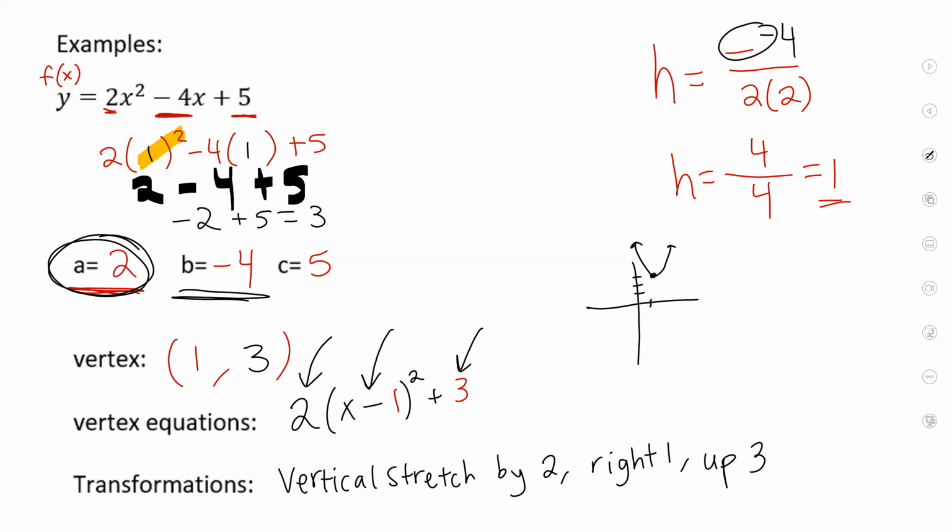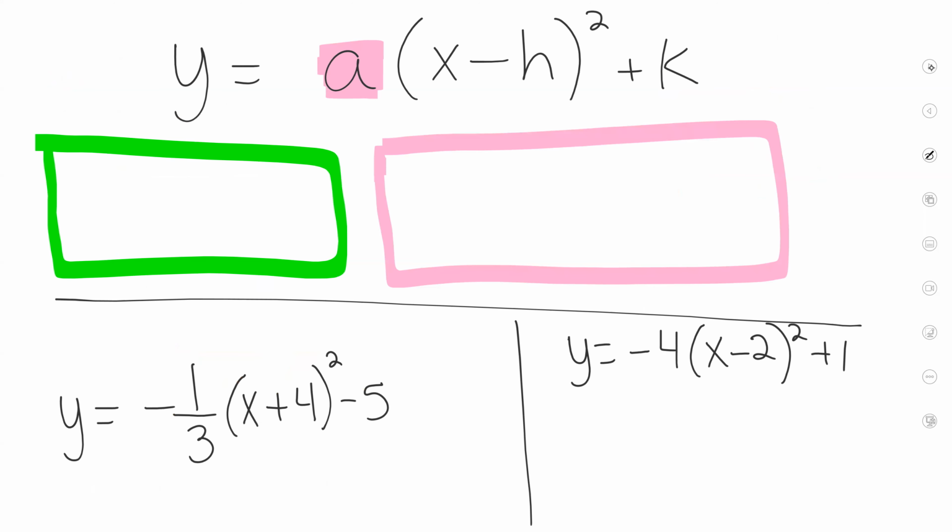Okay. So just in case we forgot a little bit of the transformations, I have some notes prepared just as a review. Okay, so if this is the vertex form, this A, if A is bigger than 1, it's a vertical stretch. And if A is between 0 and 1, it is a vertical compress.